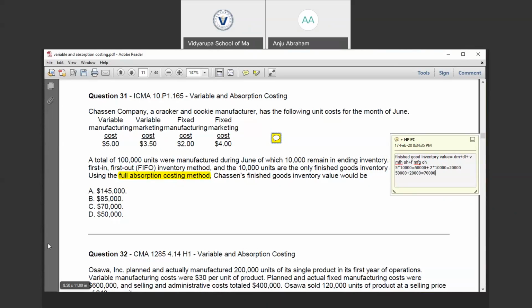So option C is the answer. Or we could just do 5 plus 2 equals 7, into 10,000, 70,000. Or you could just divide between the fixed cost and variable cost.